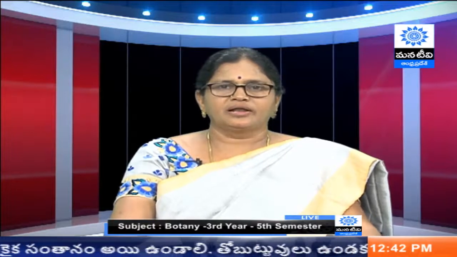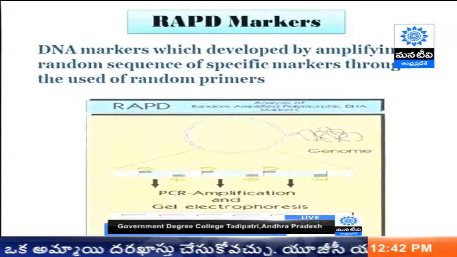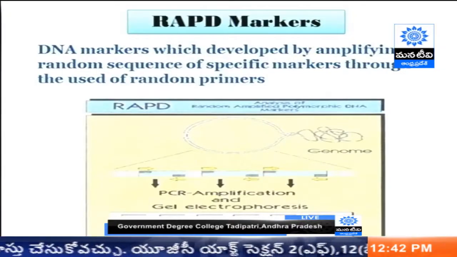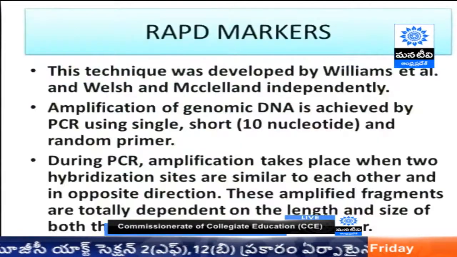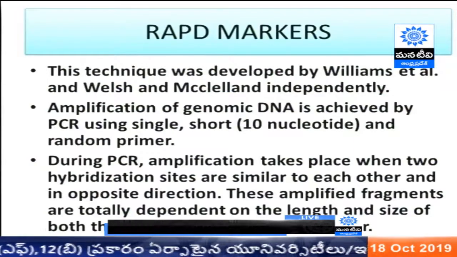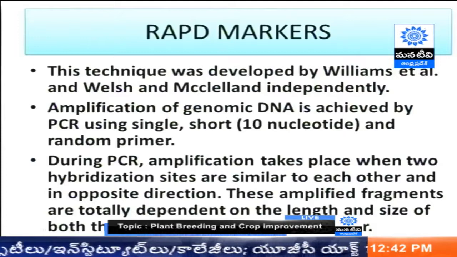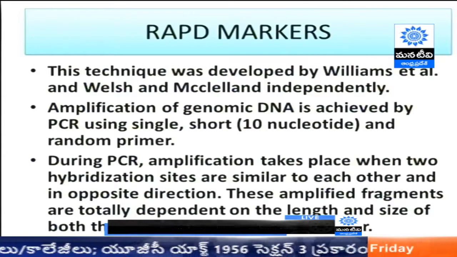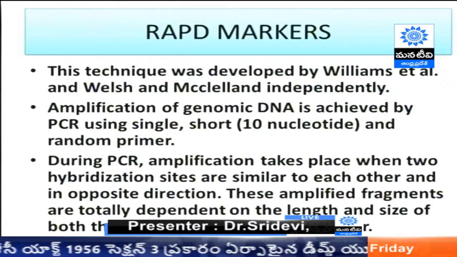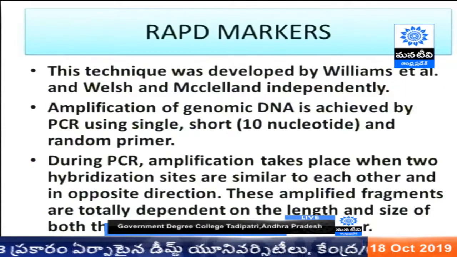The next technique is RAPD, that is randomly amplified polymorphic DNA. This DNA marker is also useful in plant breeding. This technique utilizes single short oligonucleotide primers of 10 nucleotide base sequences for the amplification of a set of DNAs which are randomly distributed throughout the genome.